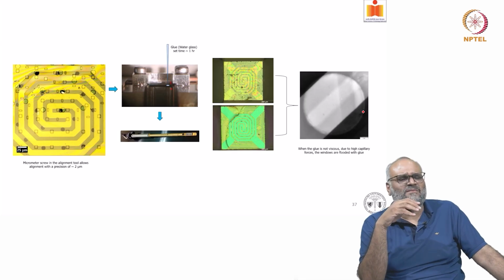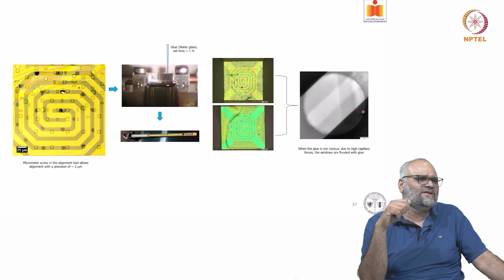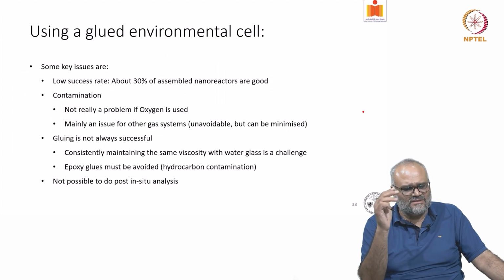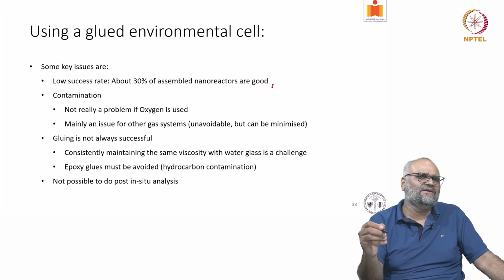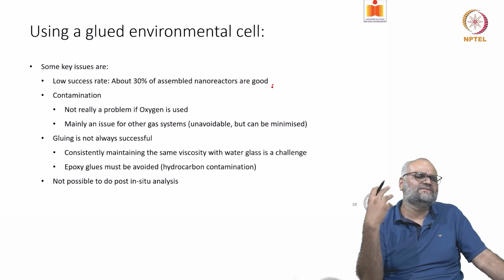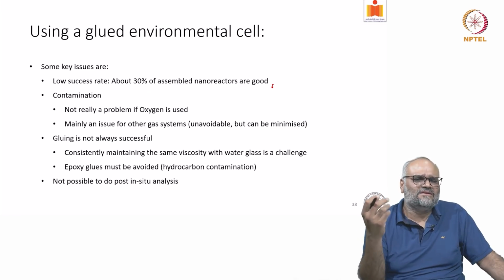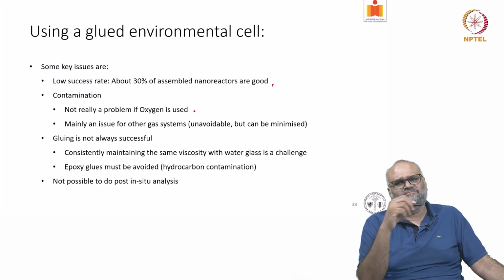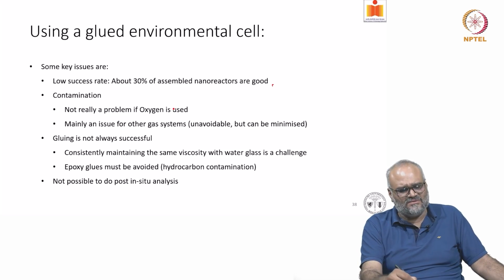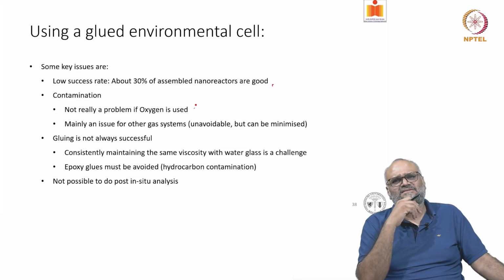So the contamination of hydrocarbon and contamination of glue is a big issue. So if you're using a glued environmental cell, the success rate is extremely low. The contamination, if you're using oxygen as the system in which you're studying the reactions, is not that big a problem, because whatever hydrocarbons are there, they tend to get oxidized in the oxygen environment and then they're sort of removed out.